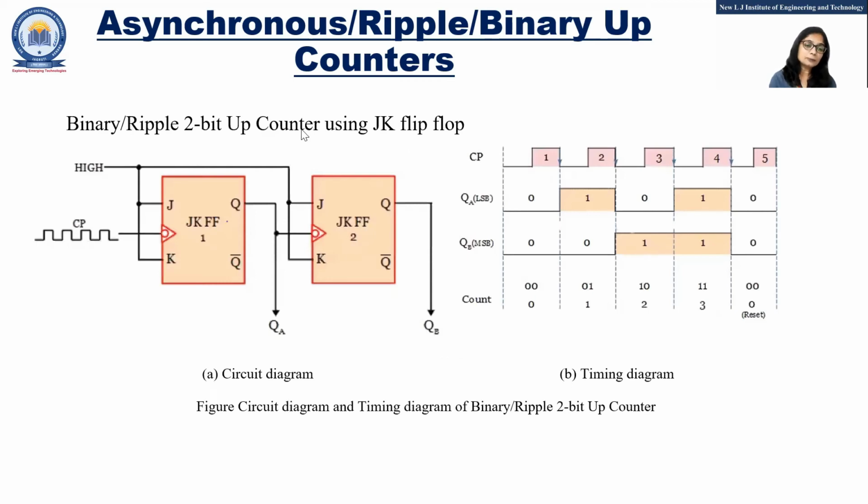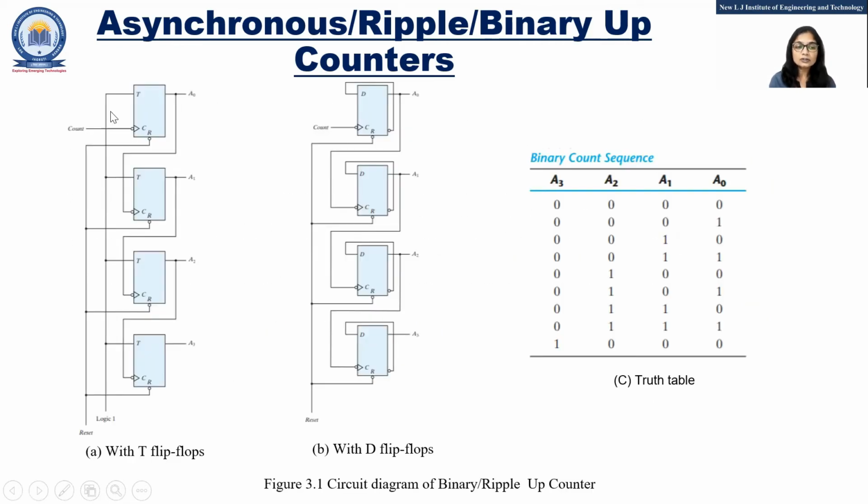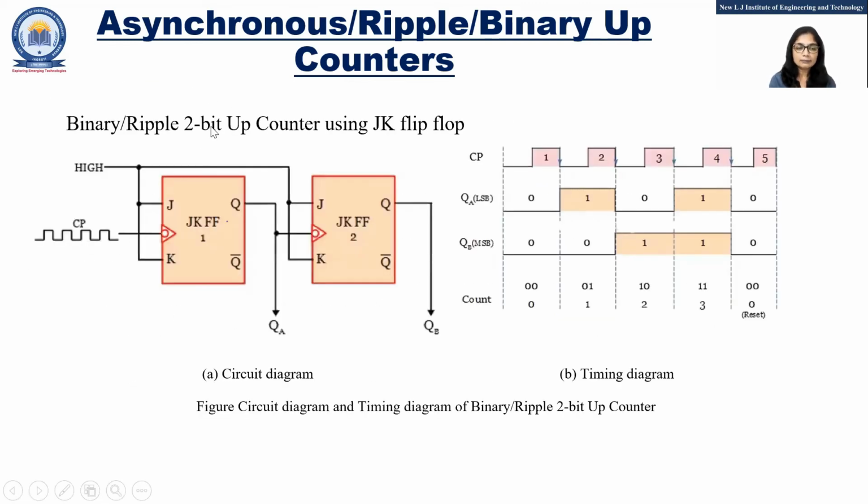Fine. Suppose we are using a 2-bit counter and I'm using JK flip-flop, then the circuit becomes like this. Here this circuit is for a 4-bit ripple counter using T flip-flop, and here I'm using a 2-bit up counter using JK flip-flop. I have taken this for your reference.